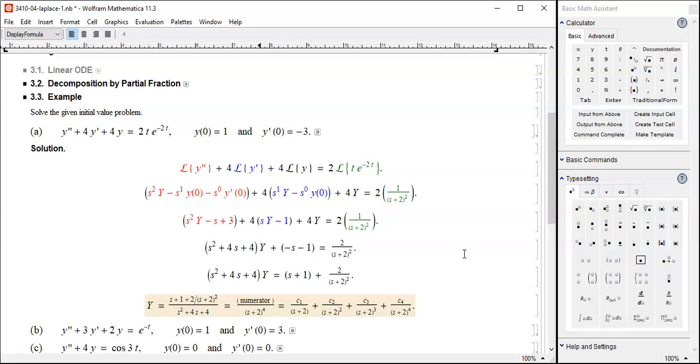You can do it this way if you really have to do it manually, but we're not going to do that. We'll do it this way.